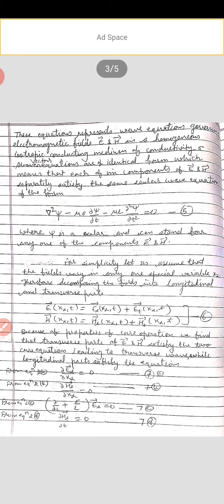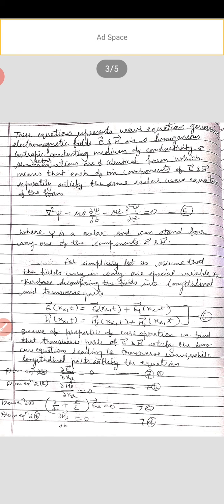Now, because of the properties of the curl operation, we find that the transverse parts of E and H satisfy the two curl equations leading to transverse waves, while the longitudinal parts satisfy the equations from the first equation 2a. From equation 2a we get del E_L by del x alpha is equal to 0.